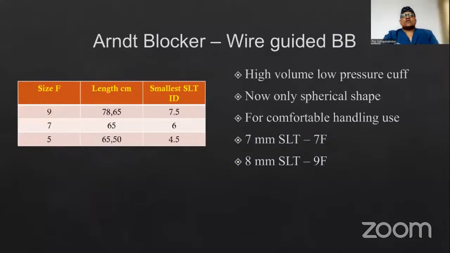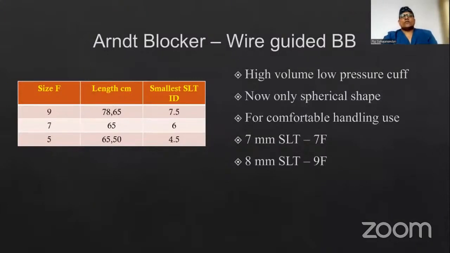Coming to the ARN blocker, these are wire-guided bronchial blockers. All the bronchial blockers in general have a higher pressure cuff compared to a double lumen tube. Of the lot, the ARN blocker is slightly better because it has a high volume, low pressure cuff, unlike a Fogarty. The sizes available are 9, 7, and 5.